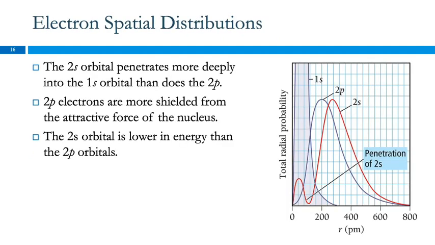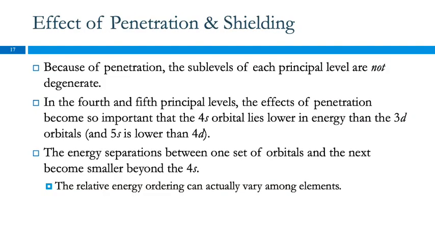I don't really have an analogy for penetration when it comes to the hotel, but the 1s room is the cheapest. It's the closest to the nucleus. The 2s room is a little closer because of this penetration to the nucleus than the 2p room, and so it's going to be cheaper. The closer to the nucleus, the more attraction, the lower the energy. Lower energy is good. Things want to go to low energy. The lower the cost for staying in that room.